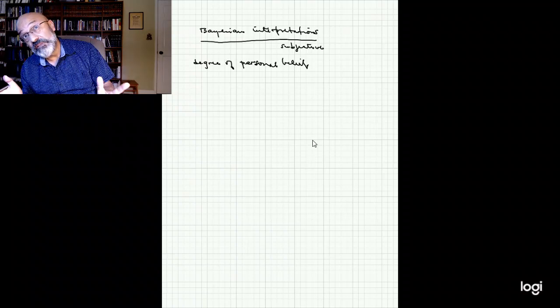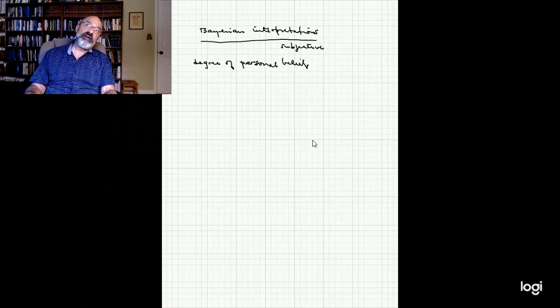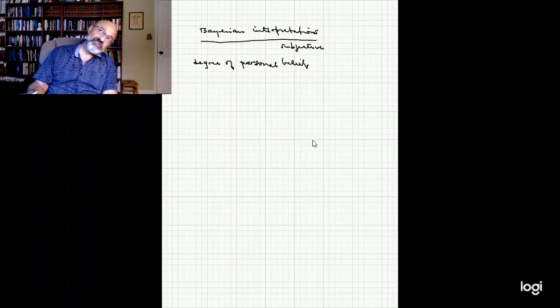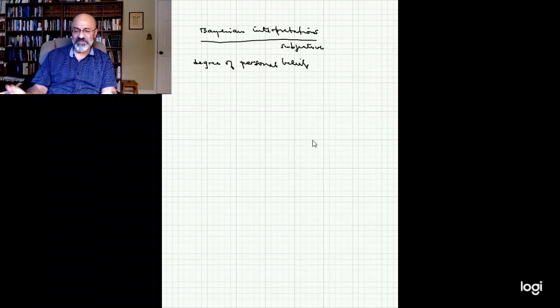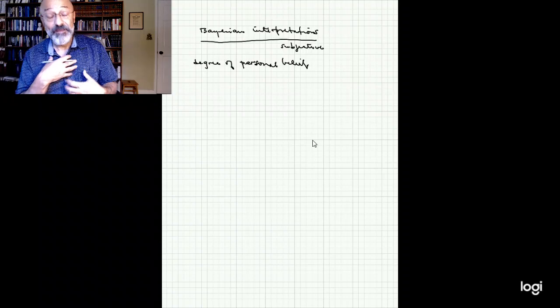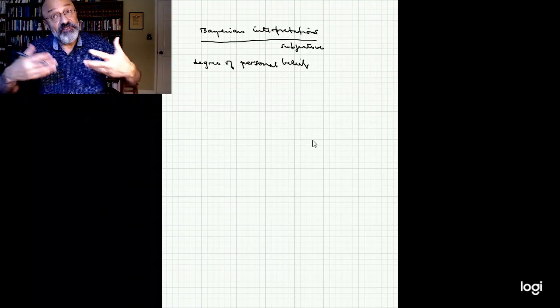I look out the window, I say, no, it's not going to rain. It's pretty sunny, so my probability for rain is 10%. Then clouds come around, and it's, oh no, it's getting cloudy. Maybe it's 45% now. And where do those numbers come from? It's my personal introspection.